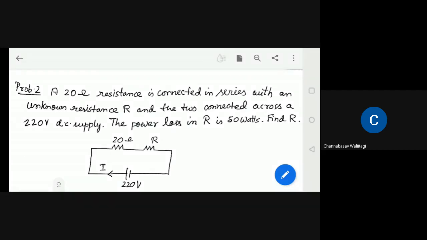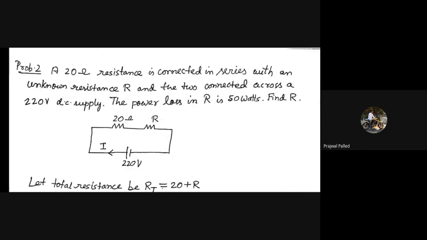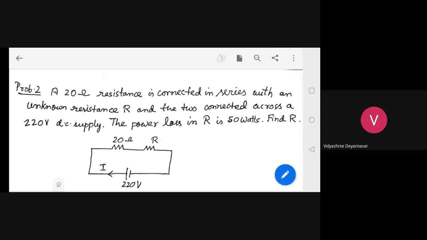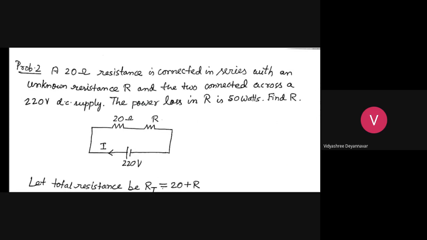Since this is your homework, I'll just tell you that. I'm sure you have gone through the perfect square method or the Sridharacharya method of finding the roots of an equation. You remember? Yes, ma'am. So the equation you will get, I square R equals 50 watts, will have two roots, and the roots have to be calculated.